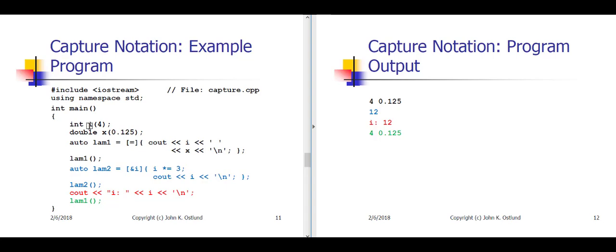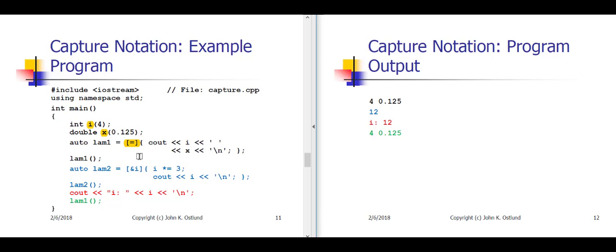Okay, so within main, we have a local int object named i, which is initialized with 4, and we have a local double object named x, which is initialized with 0.125. We're defining a lambda here that we're going to name lam1, and in this lambda, we're capturing all of the objects in scope by value.